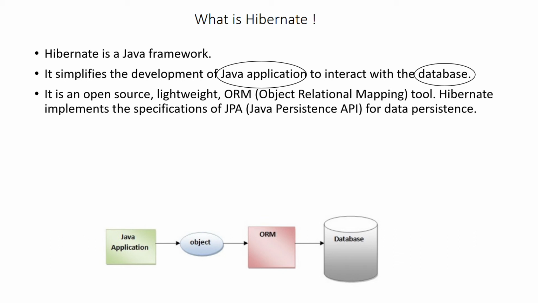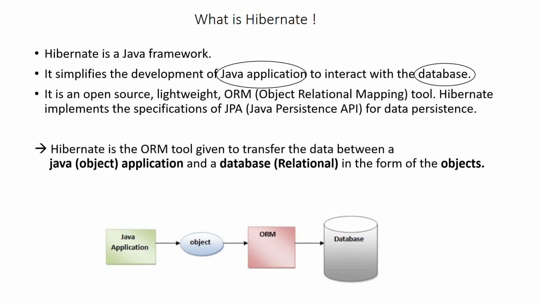Hibernate implements the specification of JPA, the Java Persistence API for data persistence. Hibernate is the ORM tool given to transfer data between a Java application and a database in the form of objects.